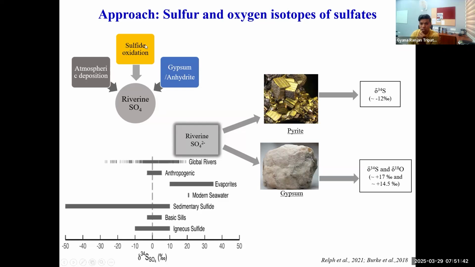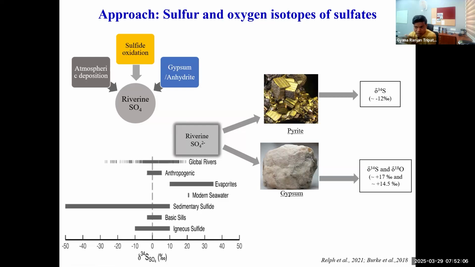Our interest is to quantify how much is coming from sulfide oxidation, and luckily the sulfur isotopes for pyrites and gypsum are very different. If you see the typical delta 34S values for pyrites, they are quite depleted, around -12 per mil, whereas in the case of gypsum they are much higher, typically +17 or +15 per mil.